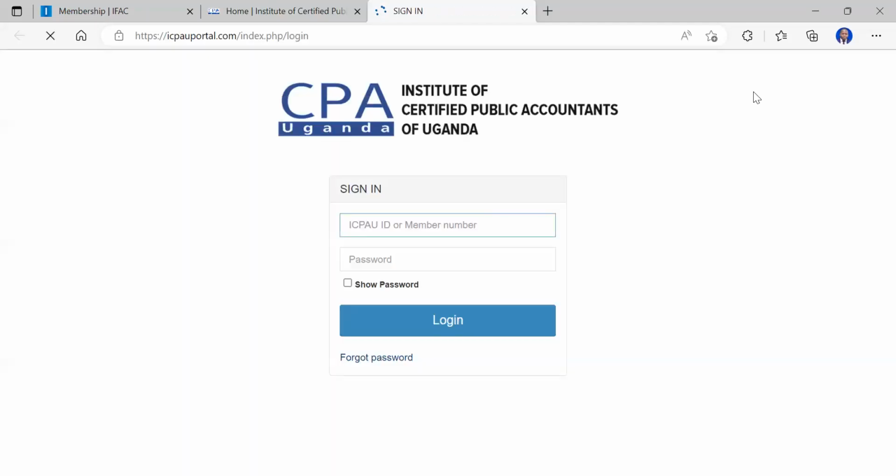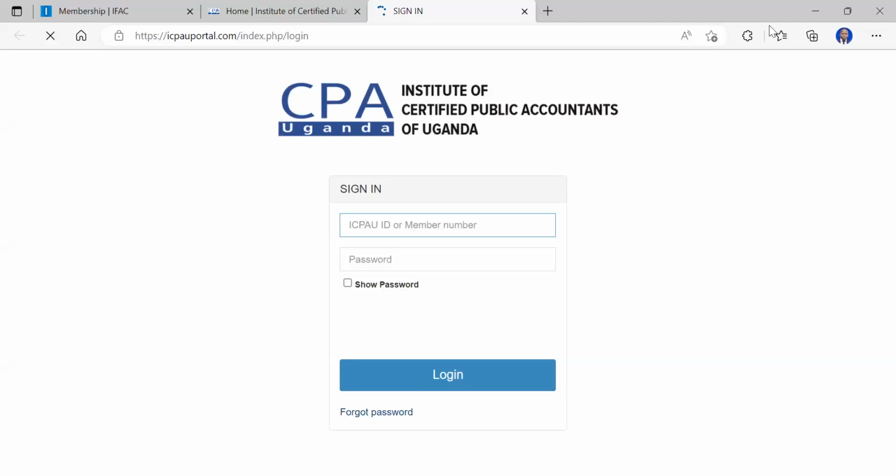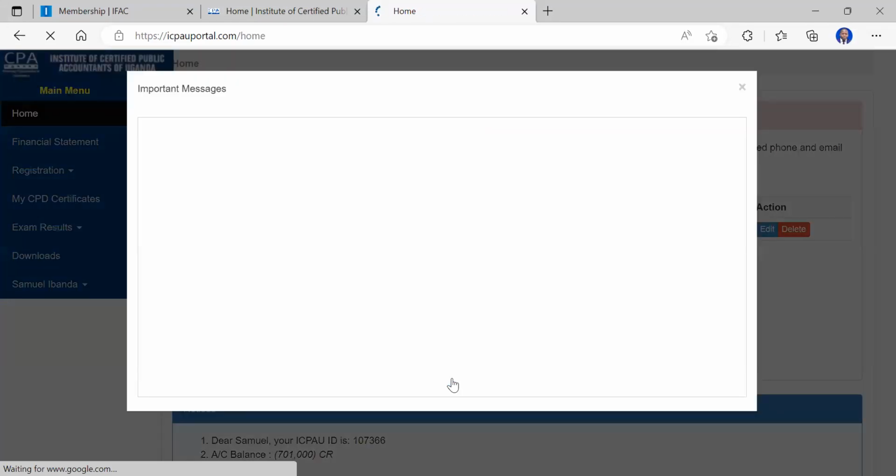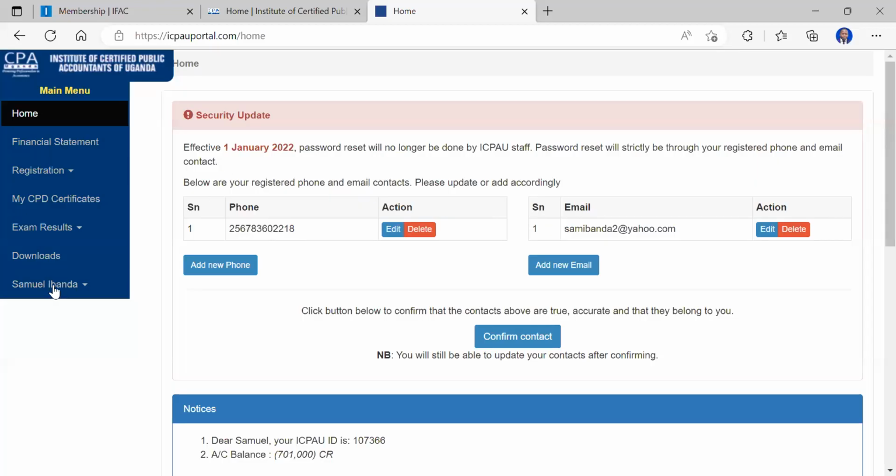So we have a portal where you can log in with your student number, okay, with your student number, and log in with, again, your password, and you now get to the system that has everything.